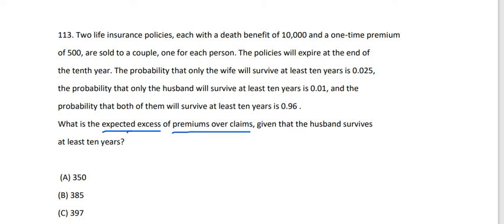So we want to find this expected value for premium over claim, like P, premium, minus claim, right? But here we're given that, so this is a conditional expectation. So given that the husband survives, okay?